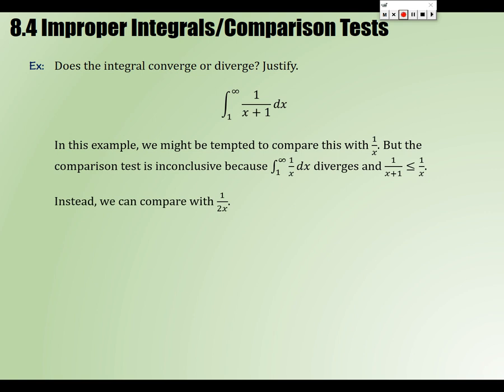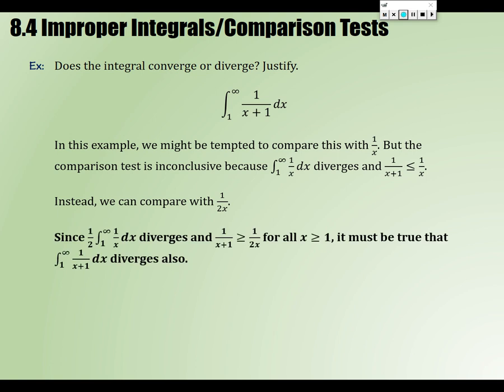Well, one way around this would be to compare it with 1 over 2x, I guess. So I'll write that out. I'll show you that that's certainly one way you could do this. But I have another way of doing it too in a minute. I just want to make sure you understand that this is actually perfectly fine and mathematically logical. I didn't write this on your paper, so if you want to write in bold what I have, you can. Read and understand, and just process that.